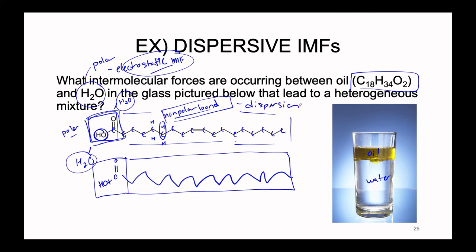The electrons are not being pushed in one direction or another due to the polarity of the bonds. The electrons are allowed to more freely fluctuate. And because the electrons are able to more freely fluctuate at close distances, what we're going to end up with is an area where dispersion is going to be more likely, right? We're not going to have electrons being pulled into the center of the carbon or held too tightly to the hydrogen, which is going to allow for an easier means of dispersion.